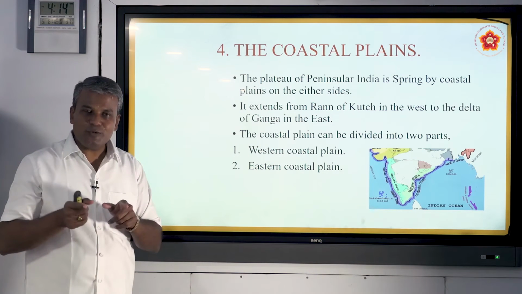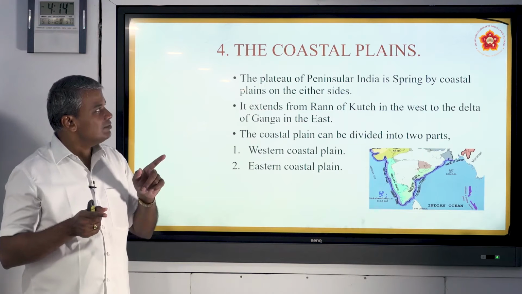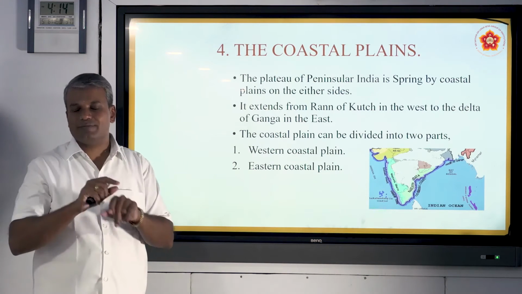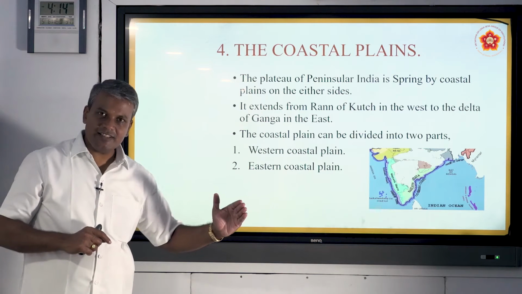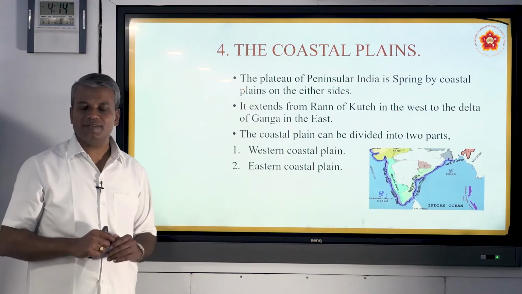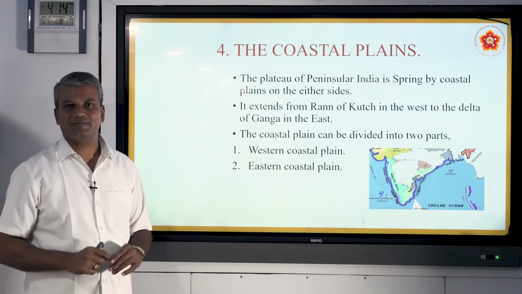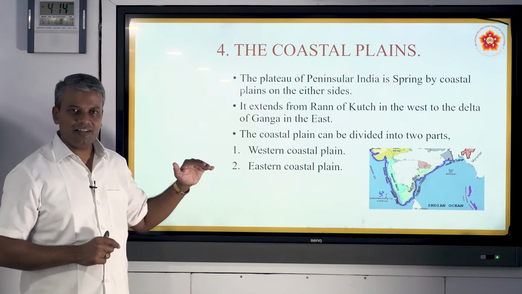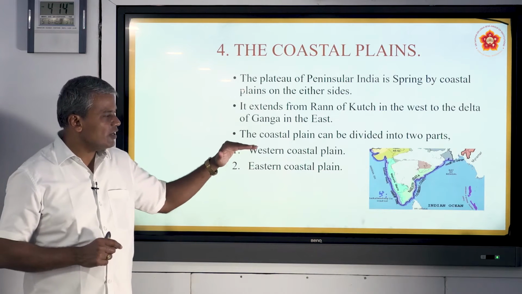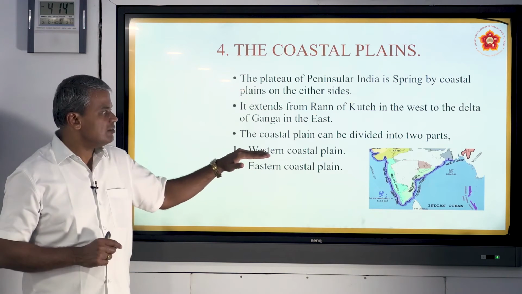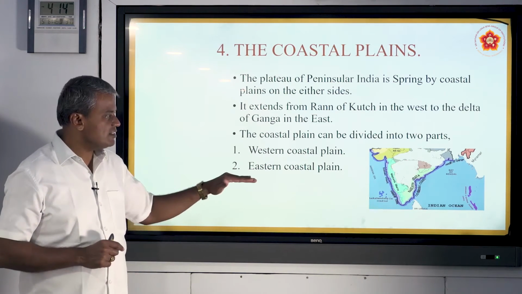So, the Deccan Plateau is flanked by coastal plain on either side. The western side is called the west coastal plain, the eastern side is called the east coastal plain.